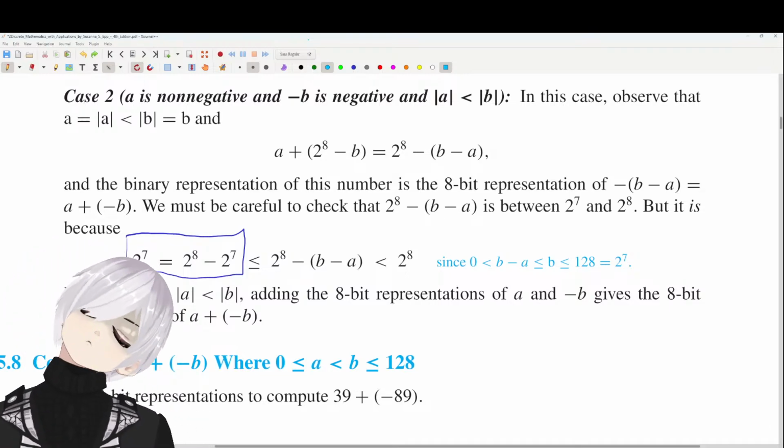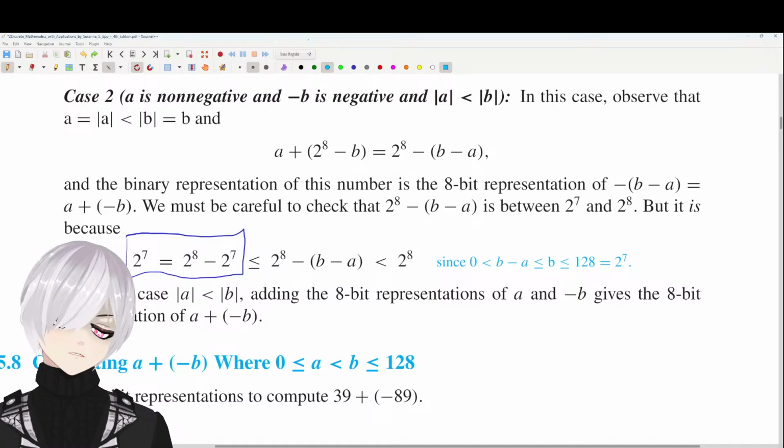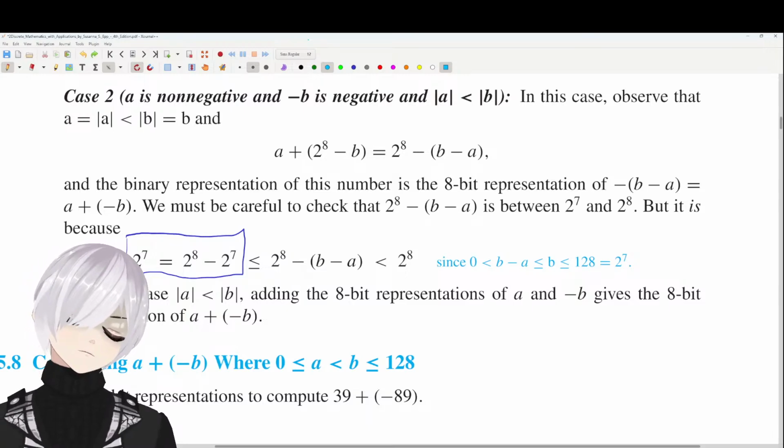Yeah, in this case, if you factor out the 2 to the 7th on the right hand side, on the 2 to the 8th minus 2 to the 7th side, you have 2 to the 7th times 2 to the 1st minus 2 to the 0. 2 to the 1st minus 2 to the 0 is 2 minus 1, which is 1. So you have 2 to the 7th times 1, which is 2 to the 7th.